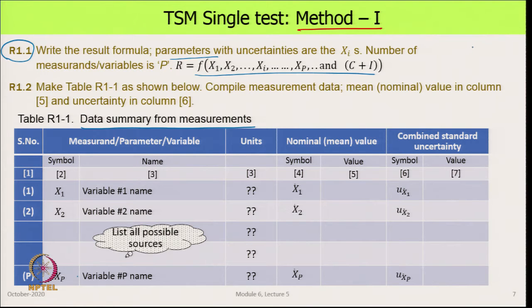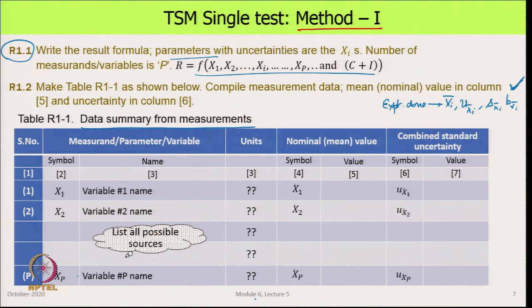So, experiments done, xi bar and its various uncertainties u xi bar, s xi bar and b xi bar, all these are available with us. And now we are proceeding for the result analysis.